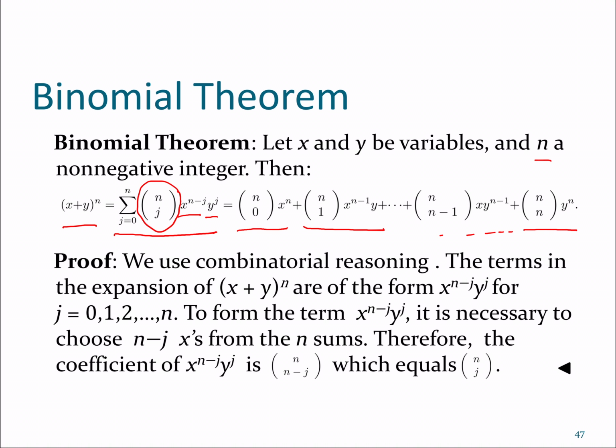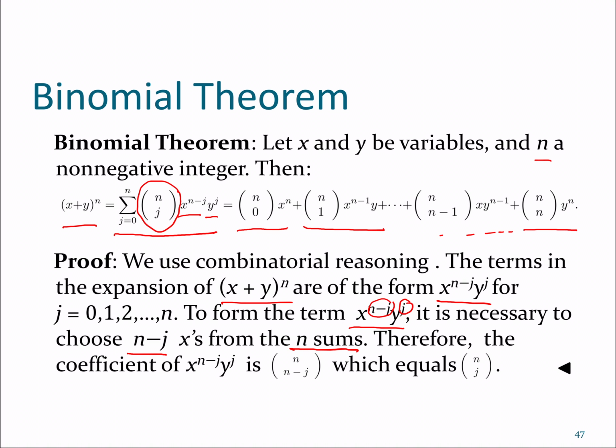So how can we prove this? We can use combinatorial reasoning. In the expansion of x plus y to the nth power, we want to look at the form x to the n minus j, y to the j. To form this term, we choose n minus j x's from the n sums. If you choose the x's from the n sums, then the y's are already determined, because the powers of the two terms always add up to n.